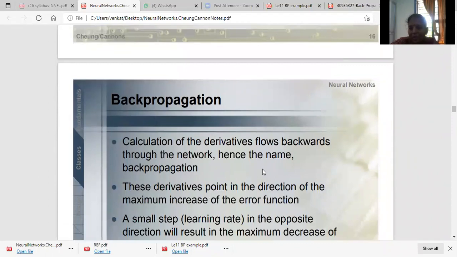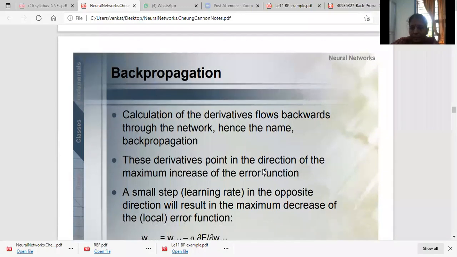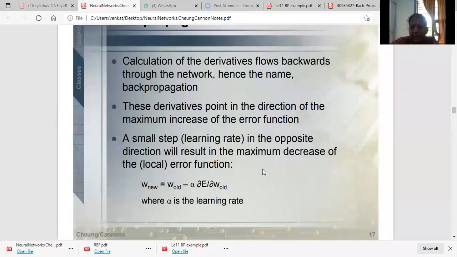This derivative points in the direction of maximum increase of the error function. So a small step change in the learning rate in the opposite direction will result in maximum decrease of error. Here, the eta value we saw earlier may also be called the alpha value.